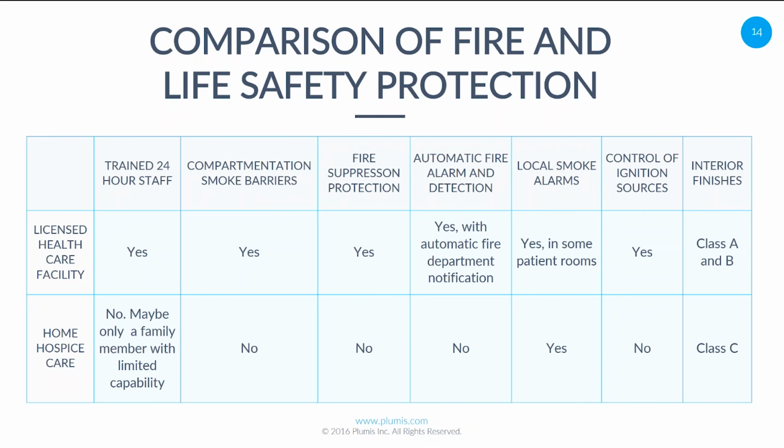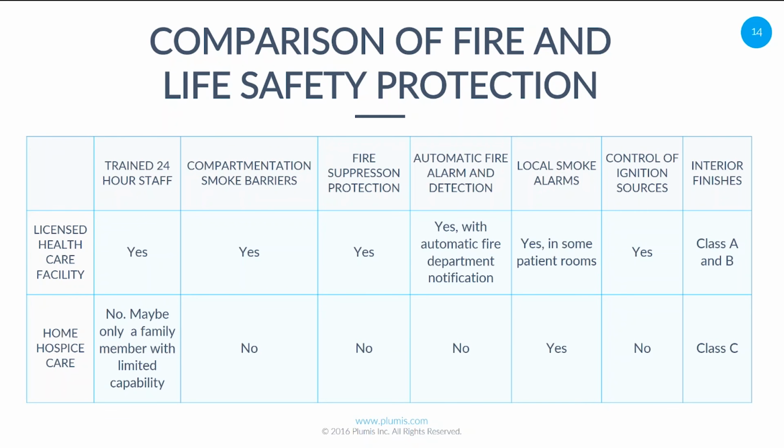And we go to the 1 and 2 family dwelling environment. Again, this home healthcare, hospice care environment, and it's Class C. And if we have some older 1 and 2 family dwellings, they may be presented with the fact that some of the old wood paneling that was done in the 60s and the 70s doesn't even achieve a Class C rating.